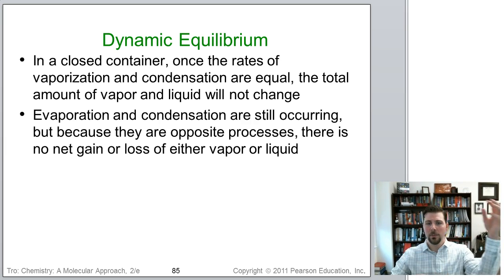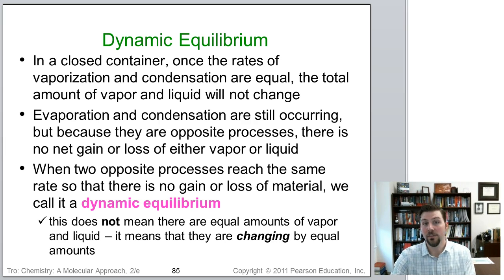So they're always kind of replacing each other, going up and down, unless the container is left open. But ultimately, in the dynamic equilibrium process, there's no gain or loss of the vapor or the liquid. It establishes some amount of vapor above the liquid that stays essentially constant, giving it the vapor pressure. Remember, we talked about that in previous chapters.